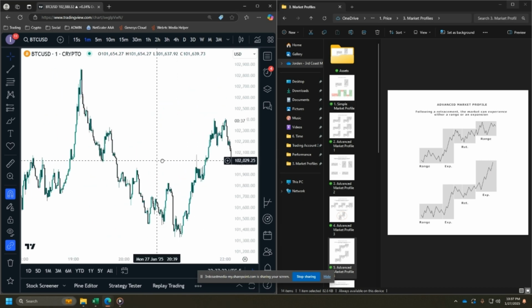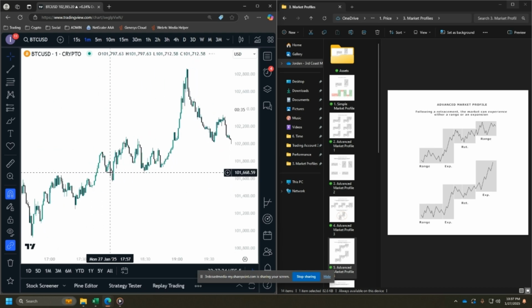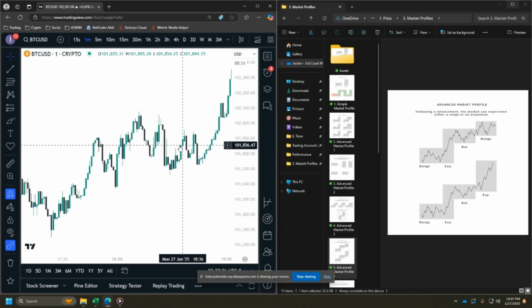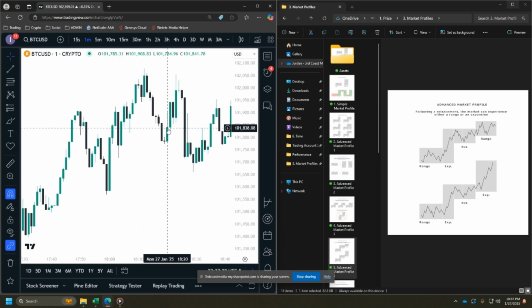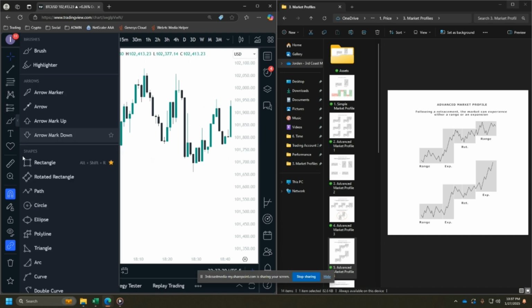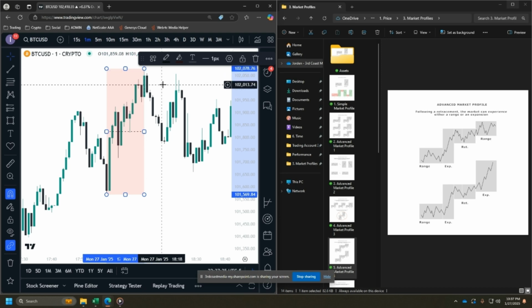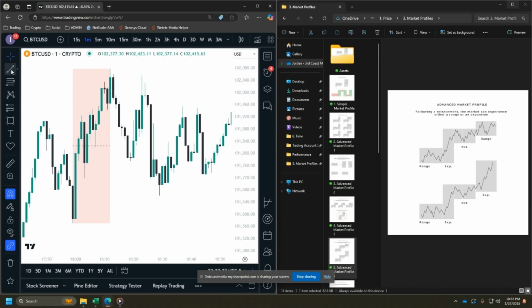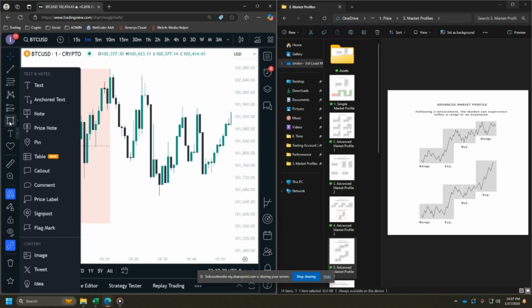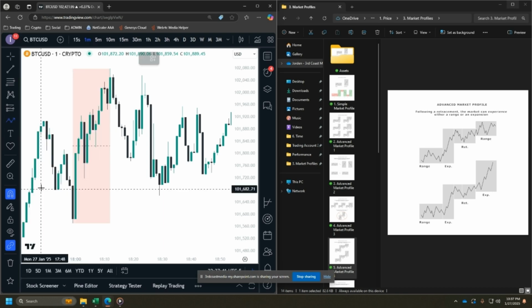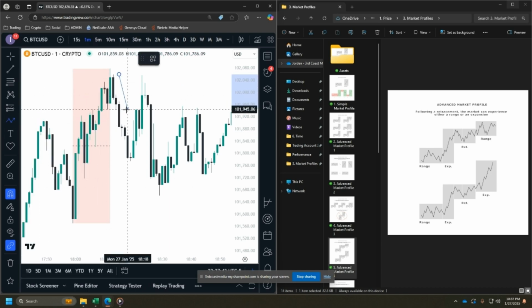If we look at the chart, we can see all types of price movement, and we can see many points where price retraced. For example, if you take a look here, we have an expansion up to this point, and then you can see we have price go down, and then price retraces.